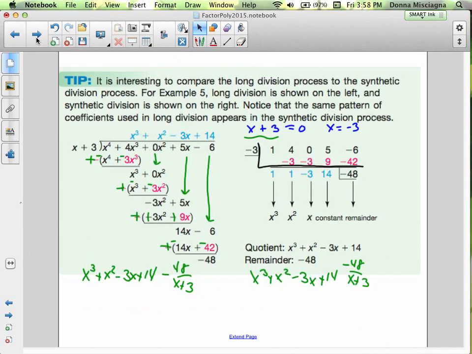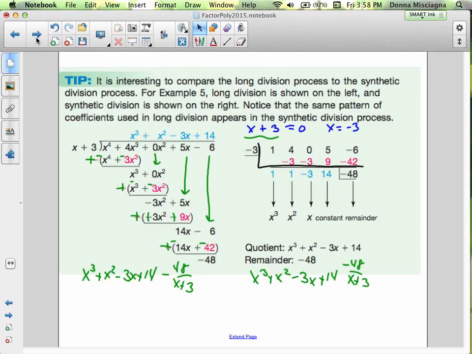So it's interesting to compare the long division process to the synthetic division process. For example, here we have a long division problem and the synthetic division problem right next to it on the right. Notice the same pattern of coefficients used in the long division appears in the synthetic division process. So now look at those coefficients that are in red. The 3x cubed.